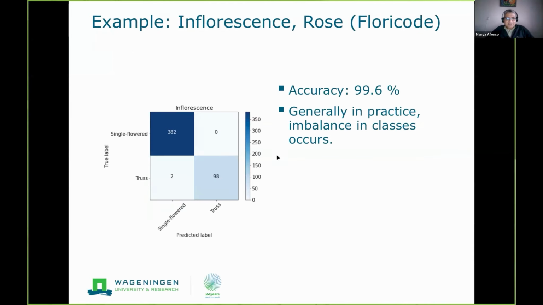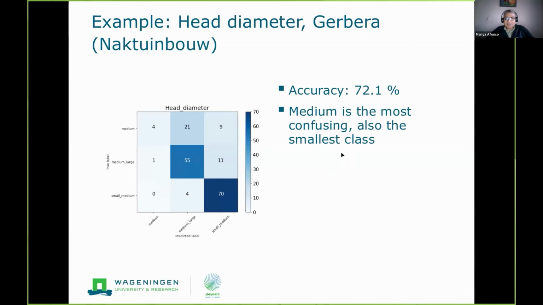And similarly, for non-color related traits such as the inflorescence, we can get really accurate results. Although, in this case, the data set's not balanced, but the performance was still good.